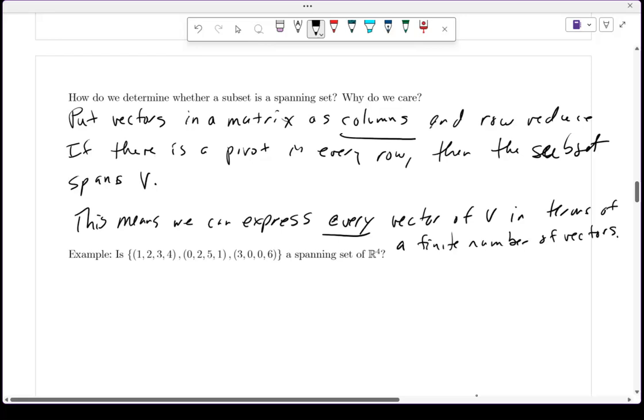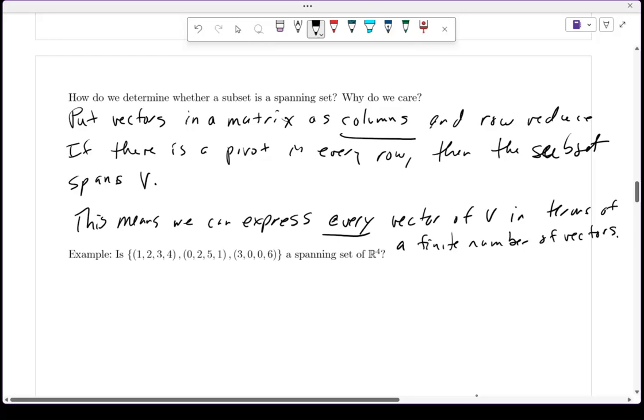That's the idea. Not just some, but every single vector in my vector space can be described in terms of a finite number of vectors. That's the whole goal here.